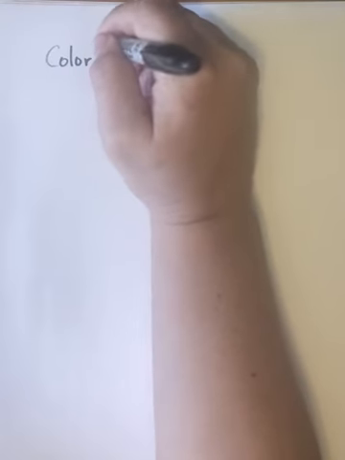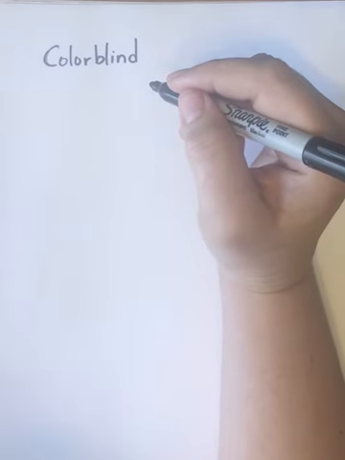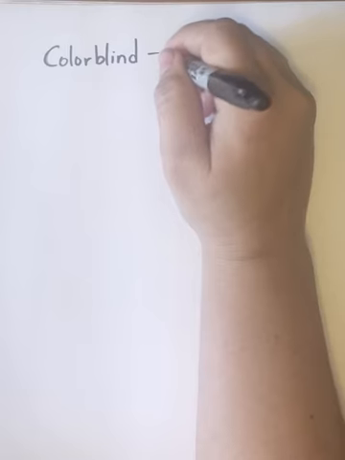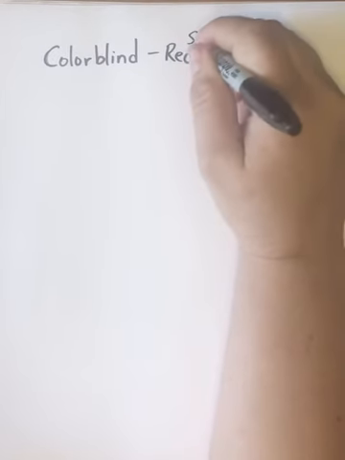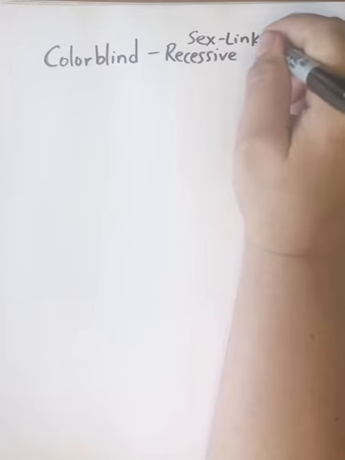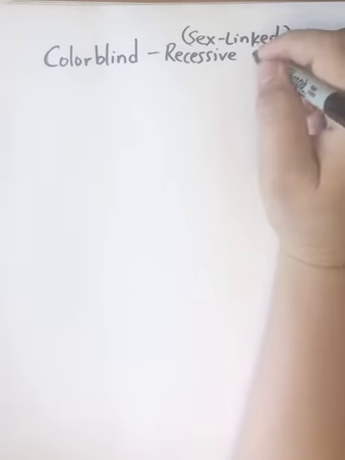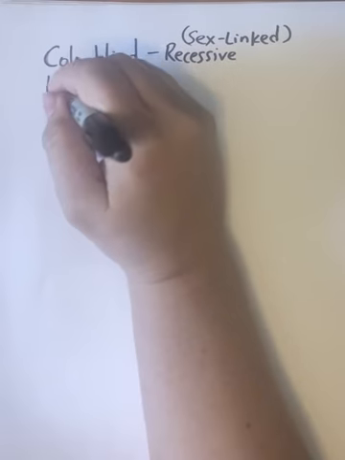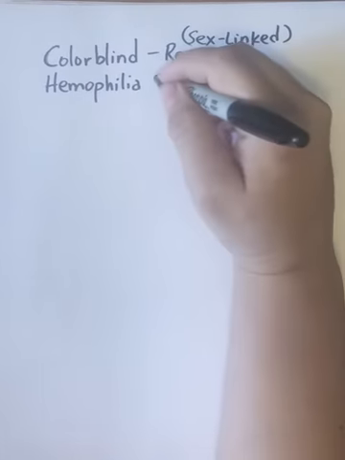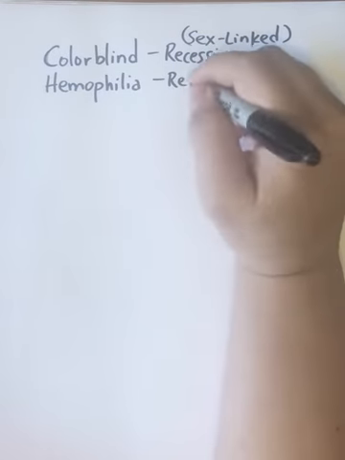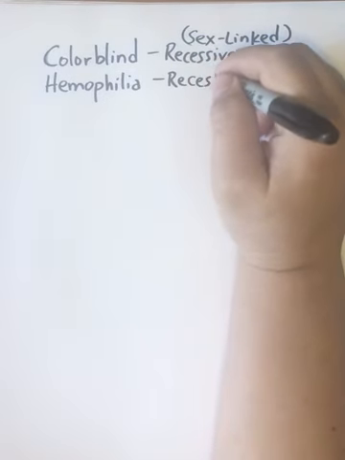If you're colorblind, you have to have the recessive alleles on your X chromosomes. So this is a recessive trait. It is sex-linked, so anytime you see the word sex-linked, you have to use XX and XY. Also, another one, a bleeding disorder, hemophilia, is also a recessive trait that's a sex-linked inheritance pattern.